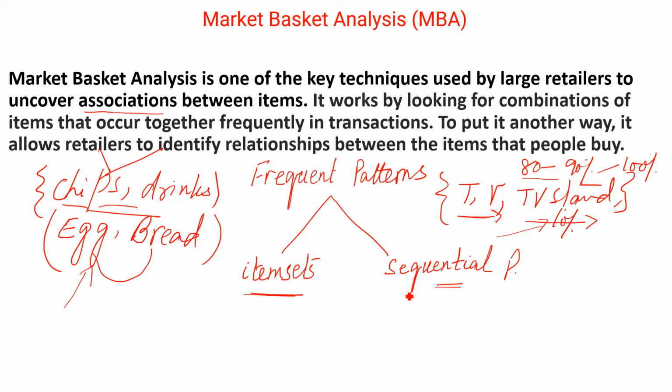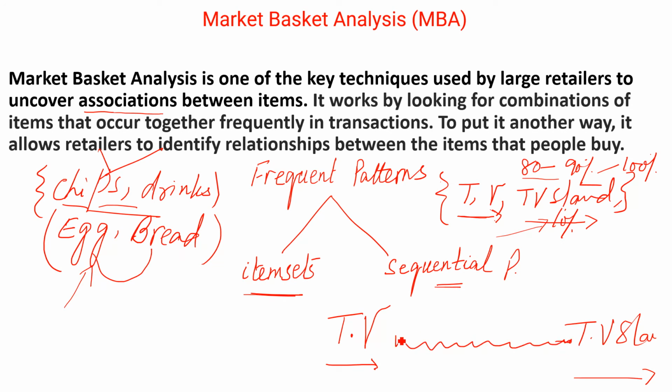Another technique to increase the profit is what they usually do. They put the television in one corner of the store and the television stand in the other corner, because they know this is the pattern: people buy the television, and after this they will go to the other corner of the store to find the television stand. But see why they are doing this.